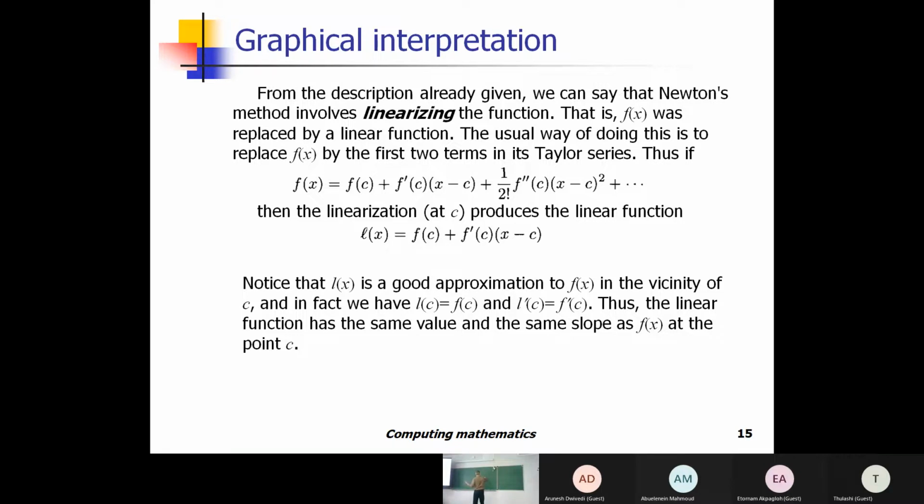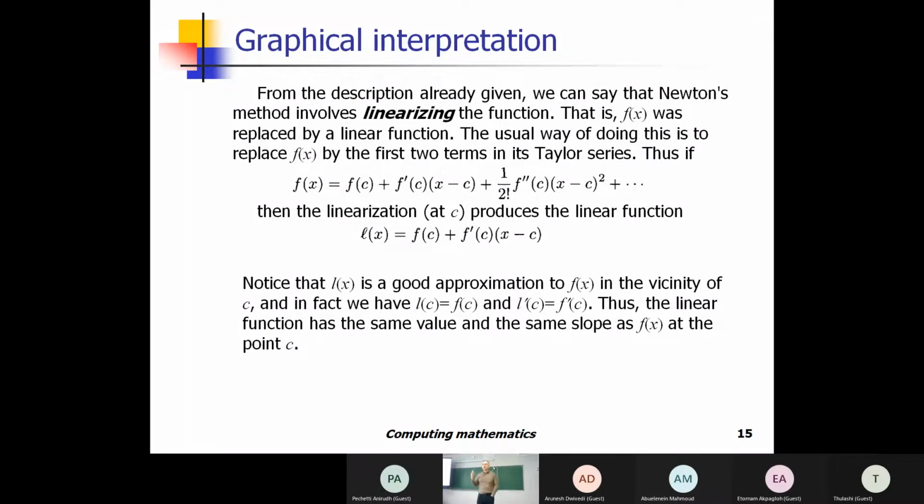Suppose that this is a graph of the function, like this. And suppose that we consider this point.